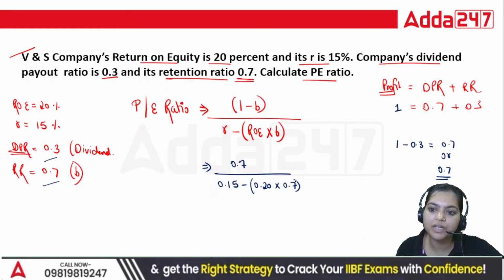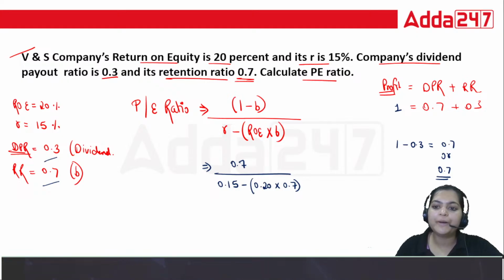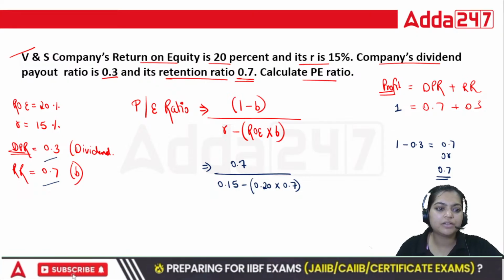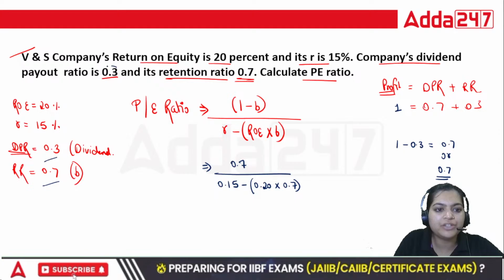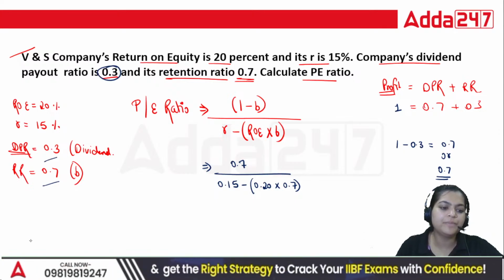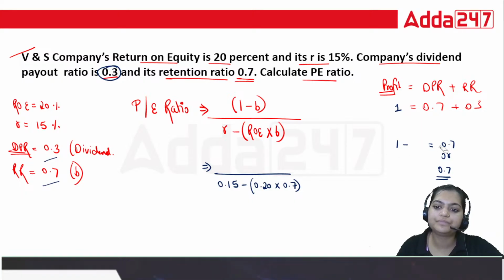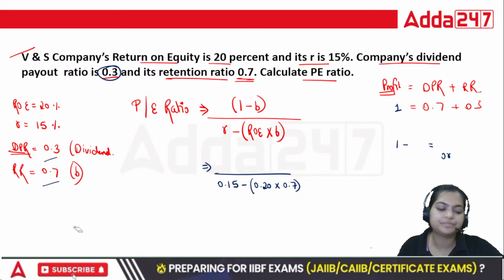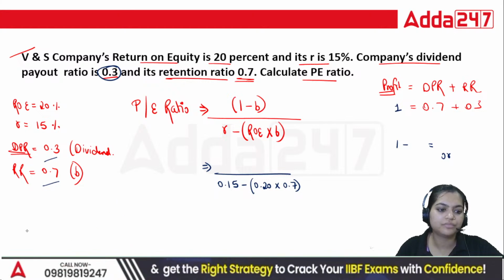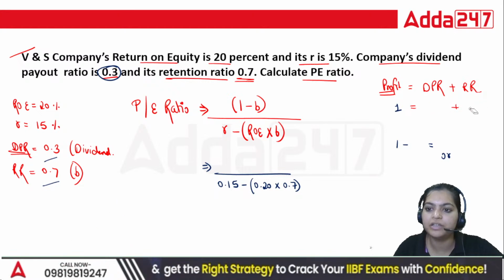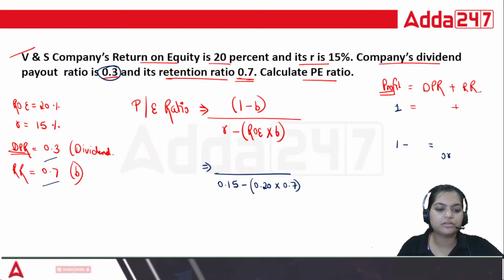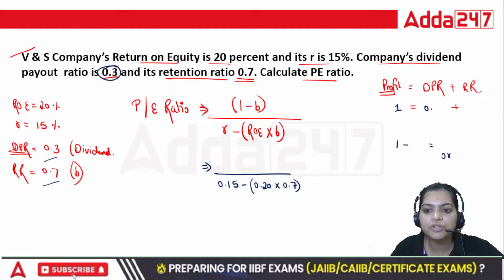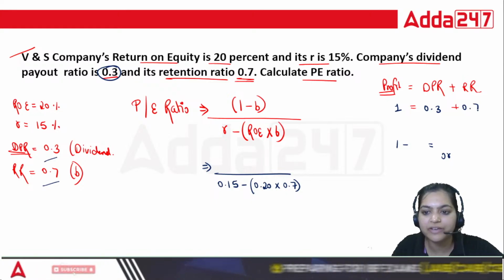Wait a moment, sorry. Dividend payout ratio is 0.3. My mistake. Here I had written it incorrectly. So this is your 0.3 and this is 0.7.